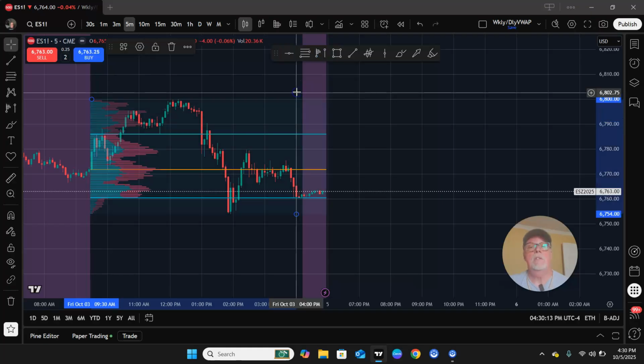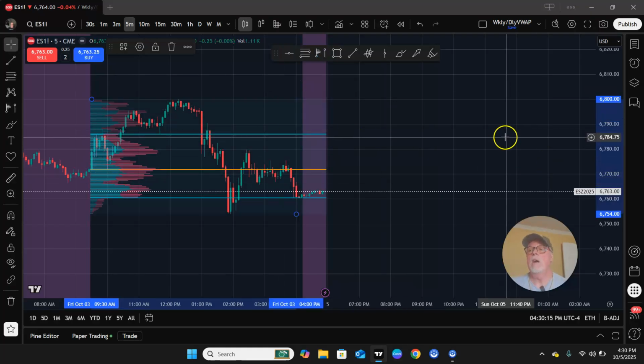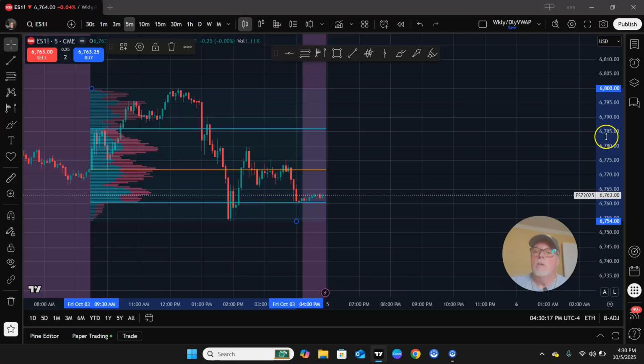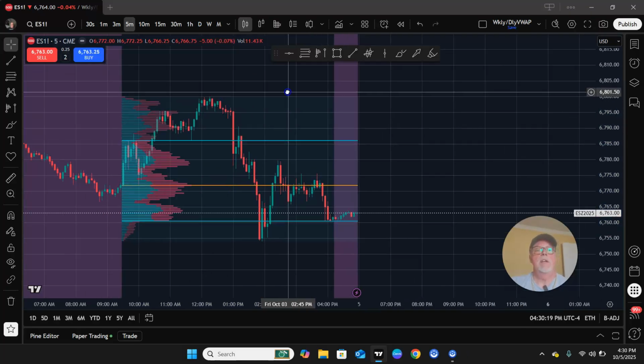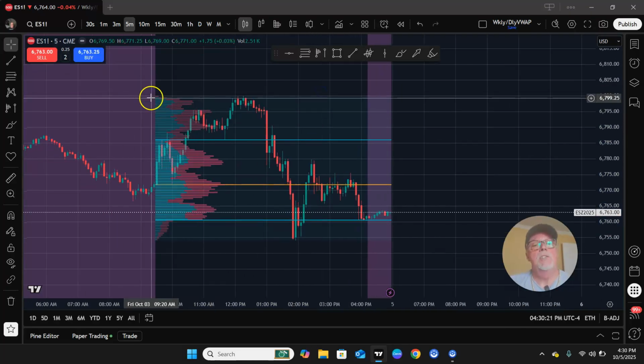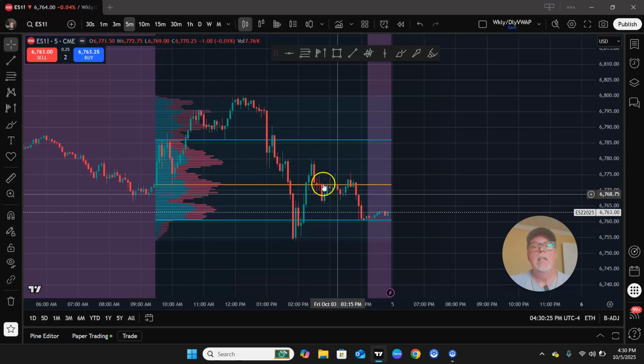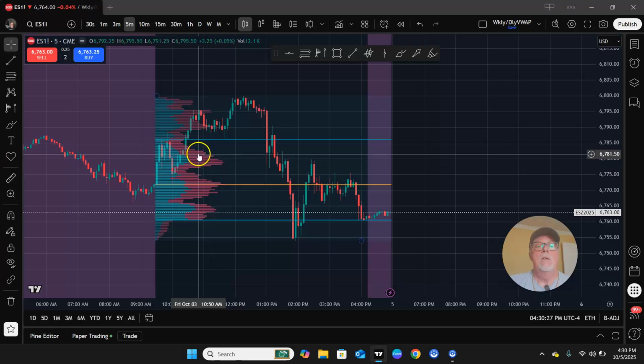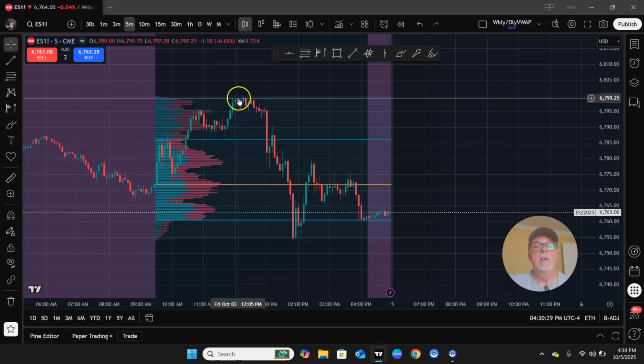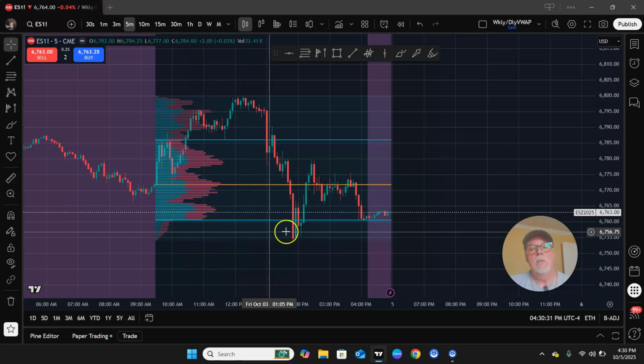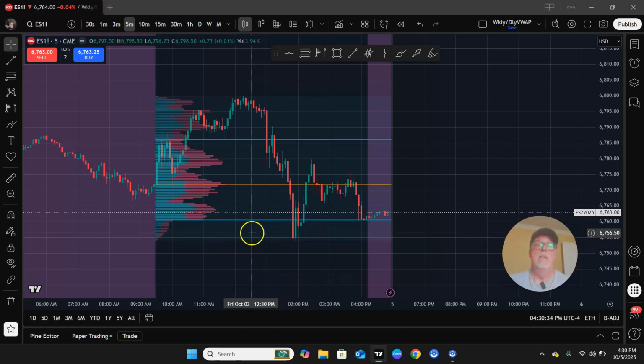That's my New York session. Boom, and there is my bell curve, or my fixed range volume profile that shows me where the data is for this whole trading day. We went all the way up to here, and we went all the way down to this area here.